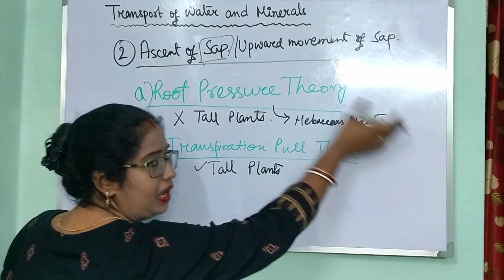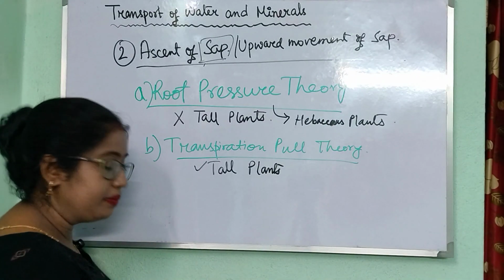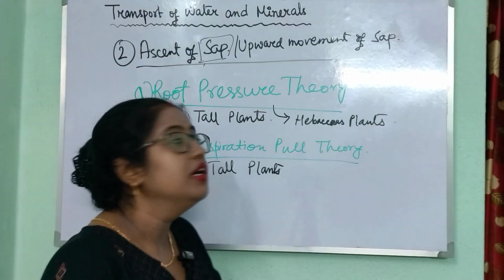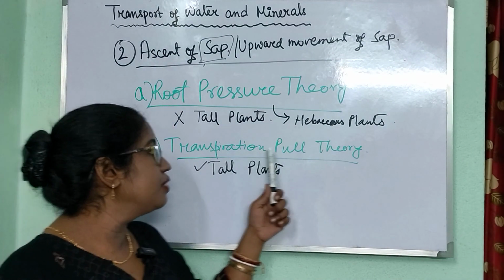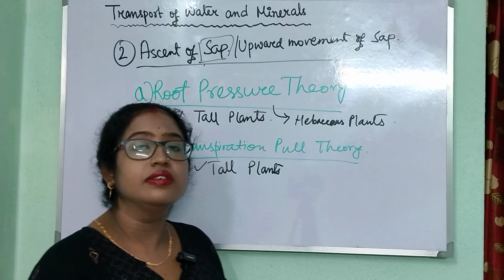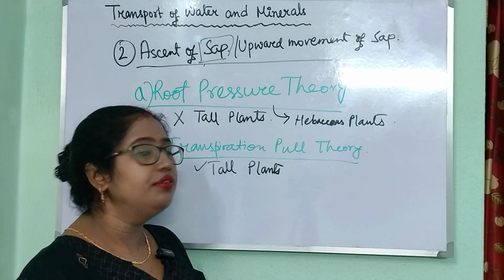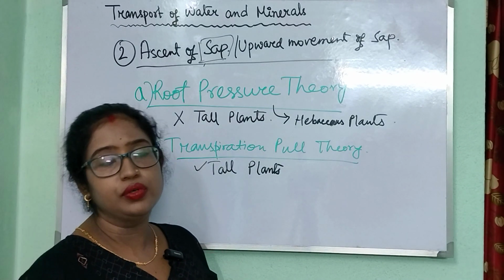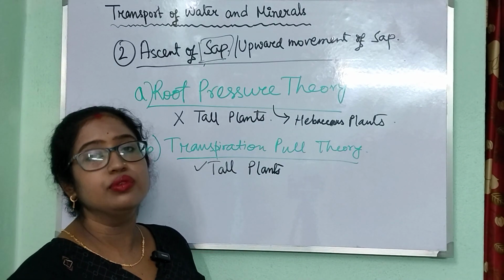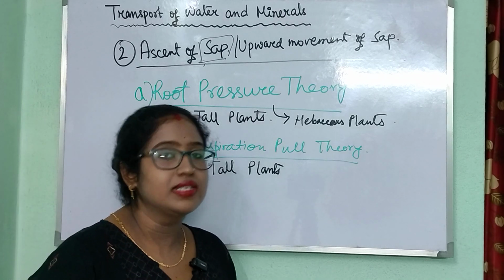Means in small plants the root pressure theory is applicable, but in case of tall plants there is transpiration pull that moves the water from the lower portion of the plant system to the upper shoot system.